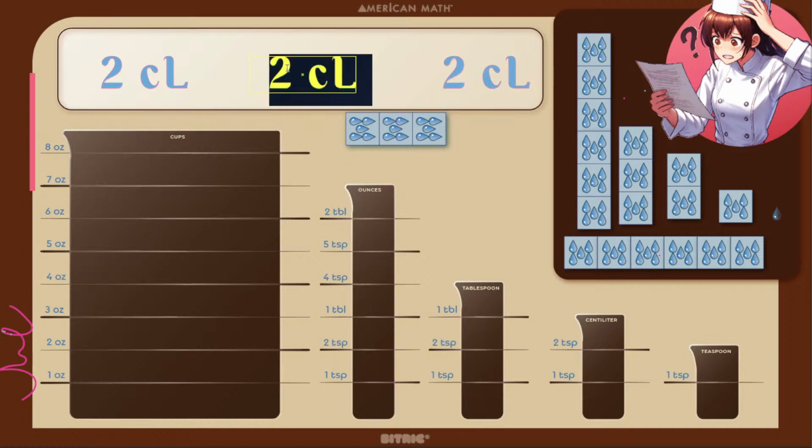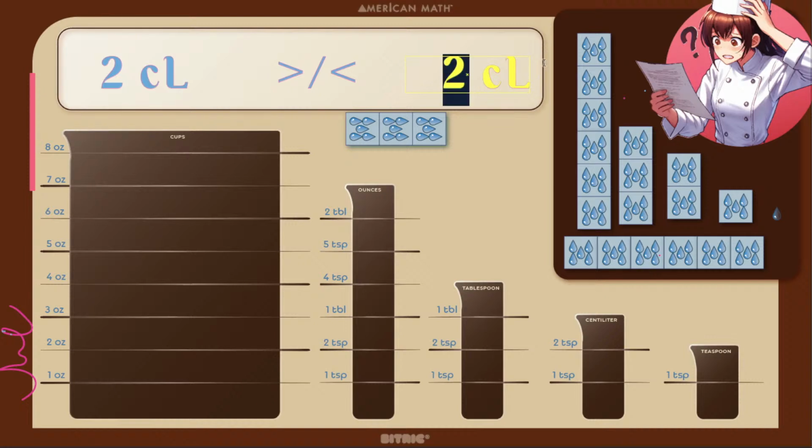What's going on here? All right, this is the greater than or less than sign. So we'll put 2 centiliters compared to 20 milliliters. Which is greater? And you can go ahead and place them onto the play space to figure it out.